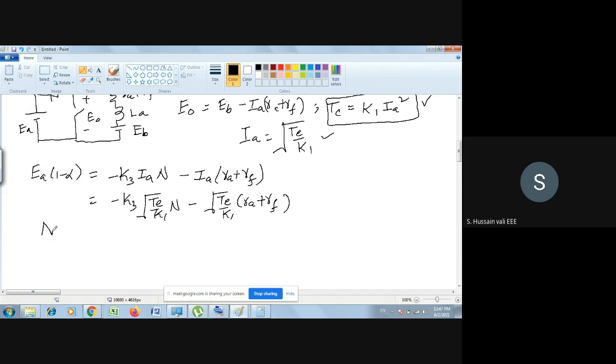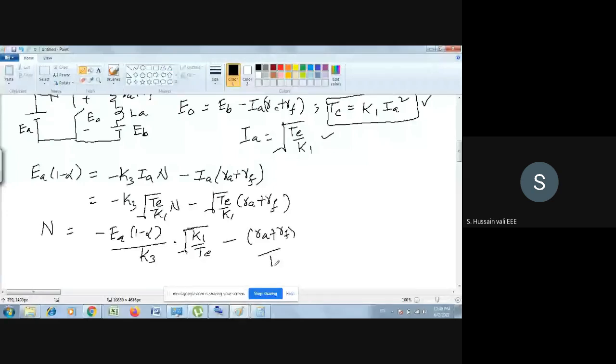What is N? I want to find out N. So you take this side and go this side. Then it becomes minus A into what becomes alpha by 2, and then this becomes minus RA plus RF by K3.